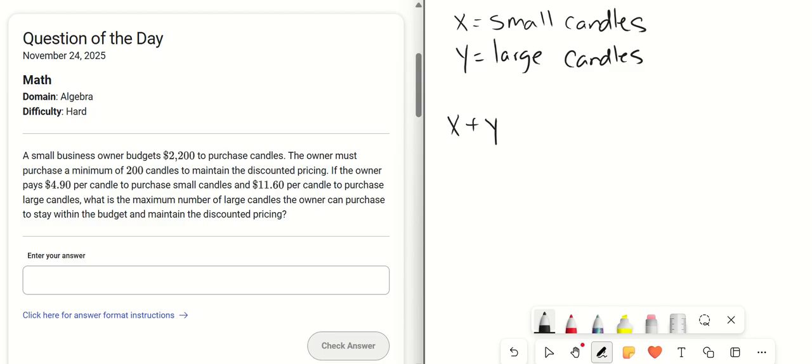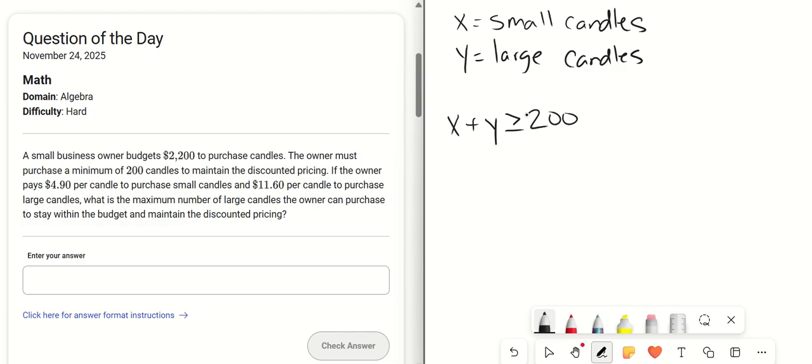In our problem, it says the owner wants to purchase a minimum of 200 candles. So our total is 200. And since this is an inequality, we need to know what sign to put with the word minimum. That's going to be a greater than or equal to sign. So it could be 200 or anything above it.